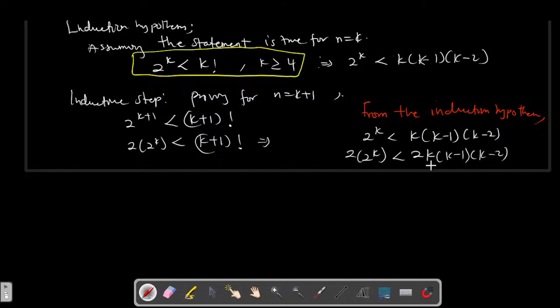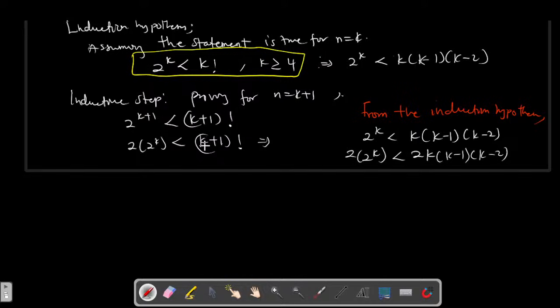You can clearly see this, right? Here we have 2 multiplying 2 to the power k, and that is exactly what you have in the inductive step. And we are saying that this 2 multiplying 2 to the power k is always less than 2k times k minus 1 times k minus 2, and that is true. So we cannot even stand anywhere and say that if this one is less than this, then it means that this is less than that.